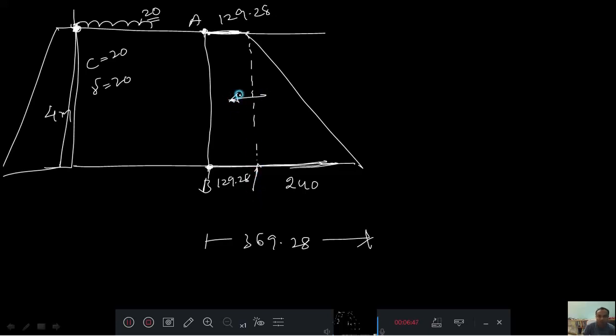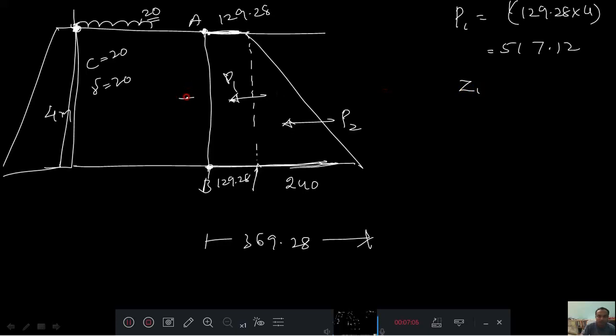Now you calculate this as P1 and this as P2. Then P1 equals rectangle, it is 129.28 into 4, that is 517.12. Z1 is from here to here, that is 2 meter. Over.